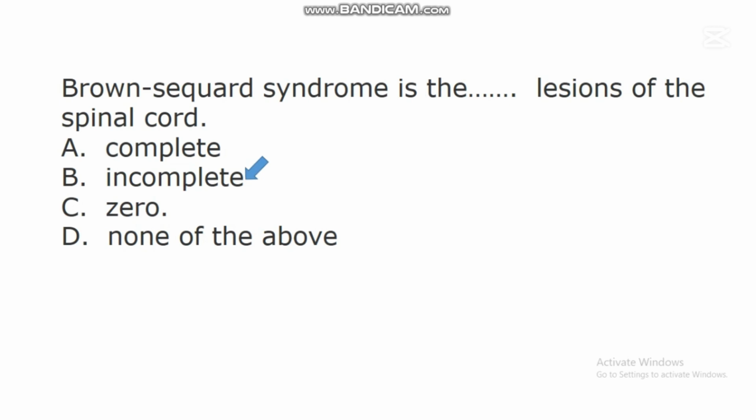So when an individual is suffering from this problem, there will be lesions or wounds at some parts of the spinal cord of that individual. So Brown-Sequard syndrome is the incomplete lesions of the spinal cord.